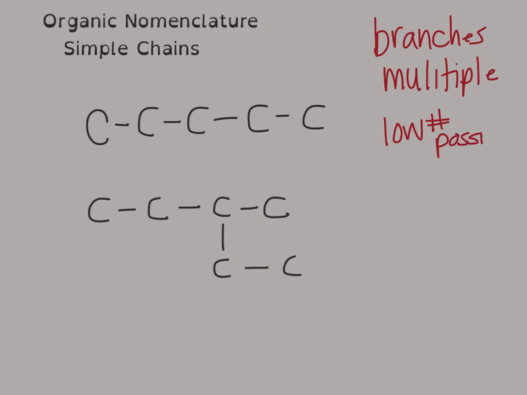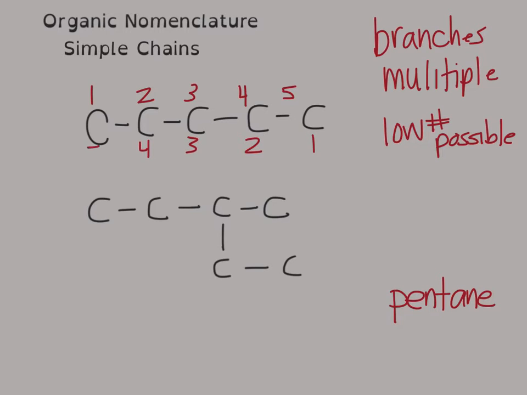Okay, so let's look at that in these examples. We have 5 carbon chains, so these are both pents, and they're all single bonds, so this would be a pentane. Okay, so in our first example here, we have the choice of 1, 2, 3, 4, 5. So that one's pretty simple. It really doesn't matter which direction we count our carbon chain in, left to right or right to left.